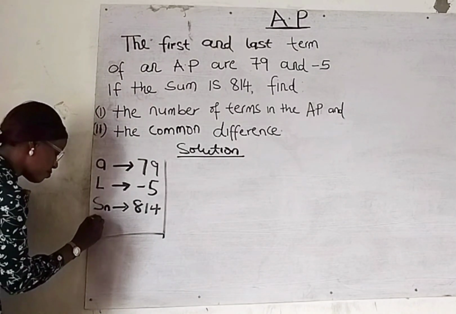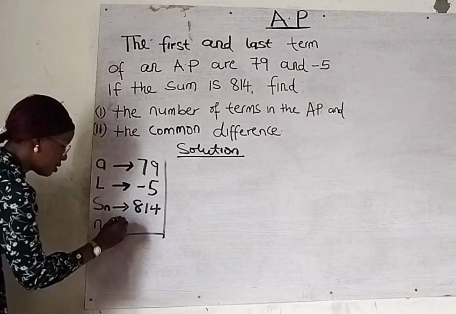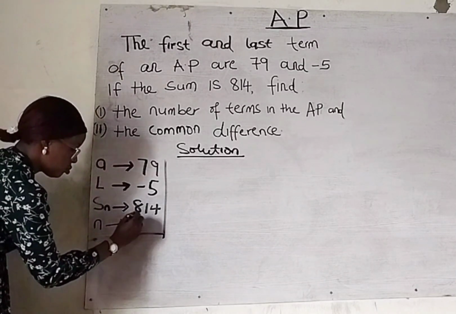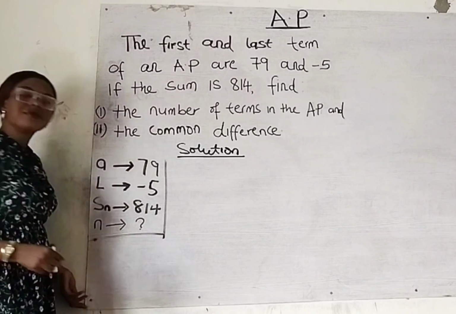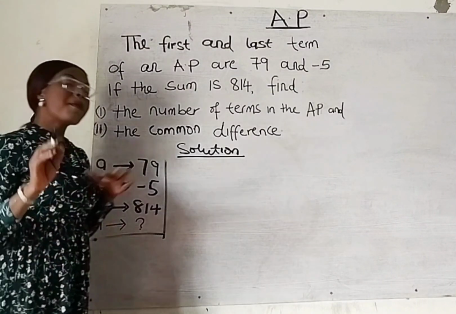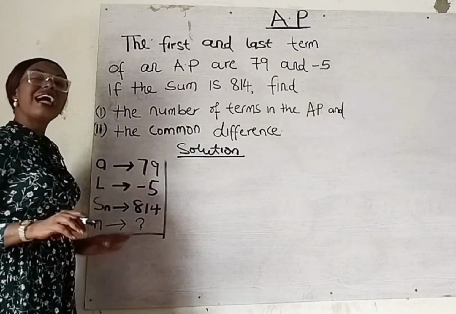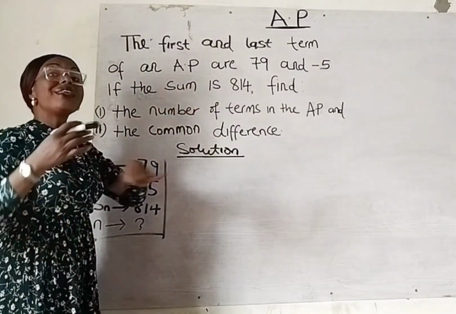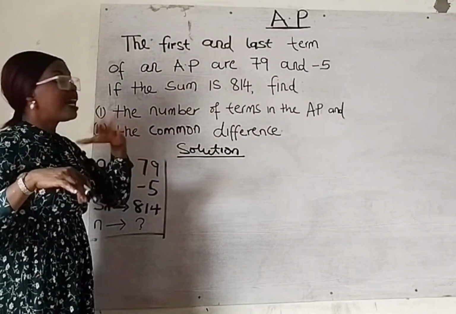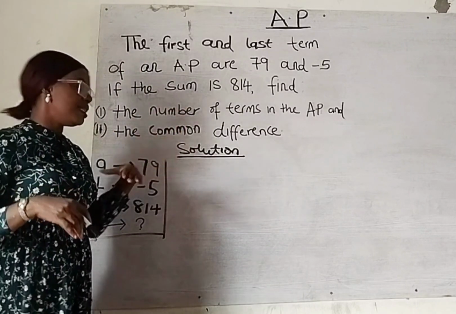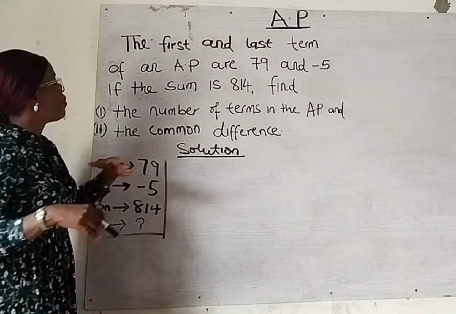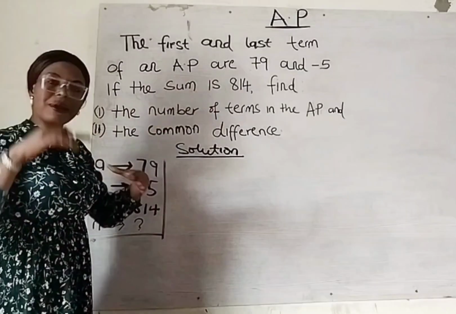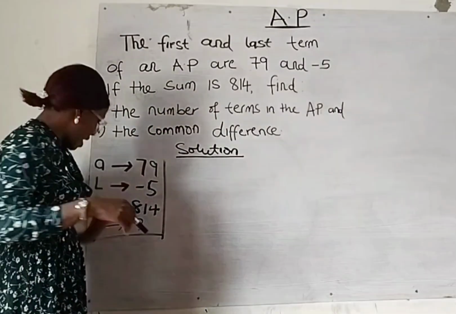N is unknown. The number of terms, which is n, has no special formula in AP, but you can use any formula that has n in it. Because they gave us sum, let's use the formula for sum to find the n.